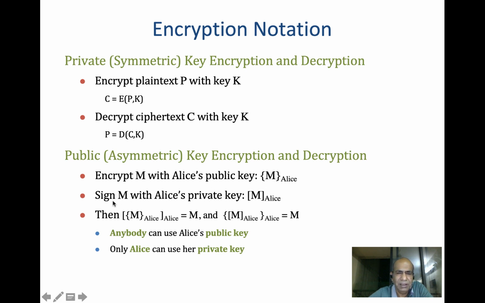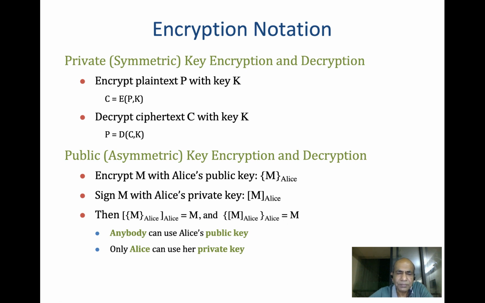Now, if Alice is using her private key to encrypt a message, which we call signing a message, then it is shown as M in square brackets with subscript Alice. So if a message is encrypted with the public key and then decrypted with the private key, then we get the message M. Similarly, if a message is encrypted with the private key and decrypted with the public key, then we also get message M. So this is the basic functionality.